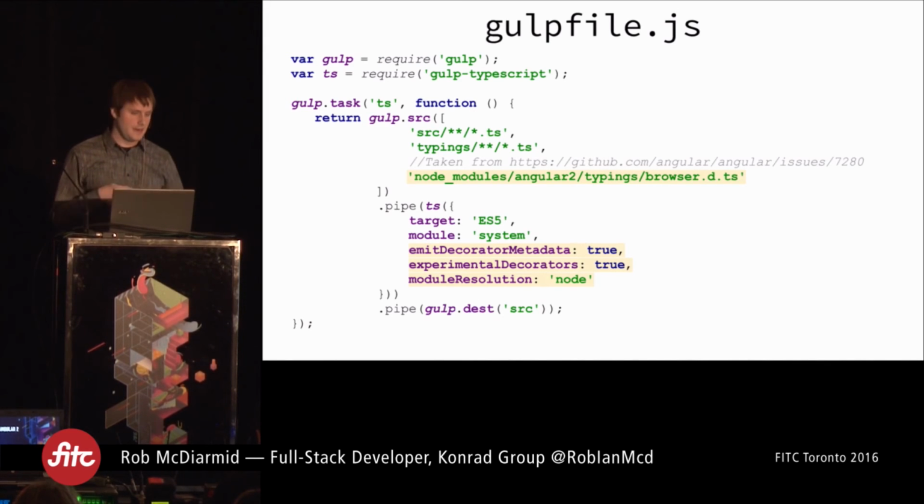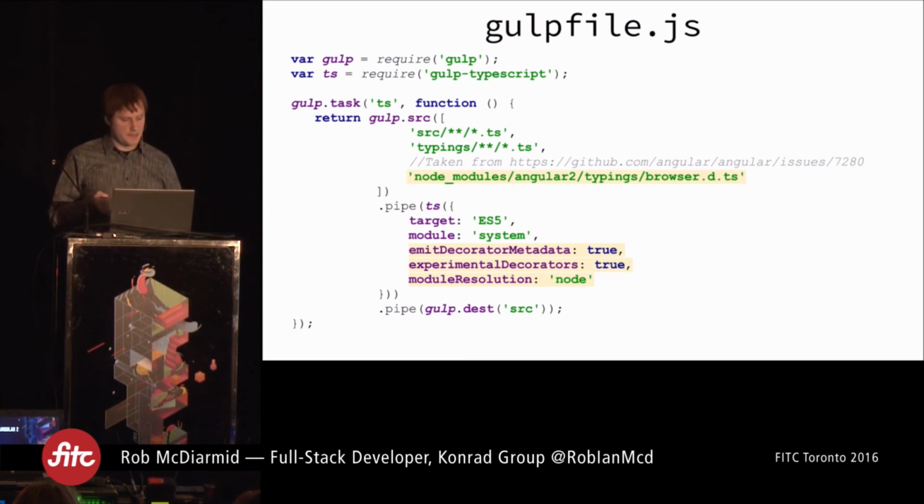And if you don't add this in, TypeScript's going to complain about a bunch of this new ES6 syntax. I'm also adding in this experimental decorators tag. What this does is it lets you use this proposed ES7 feature of decorators, which are kind of like annotations for JavaScript. And Angular 2 really heavily leverages decorators.